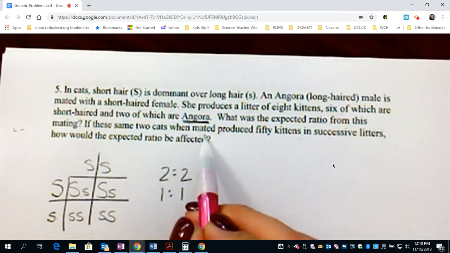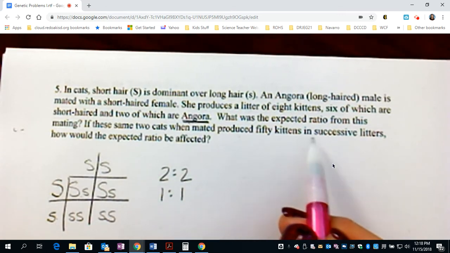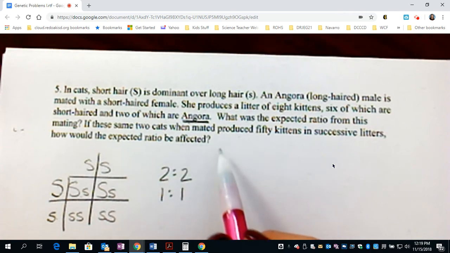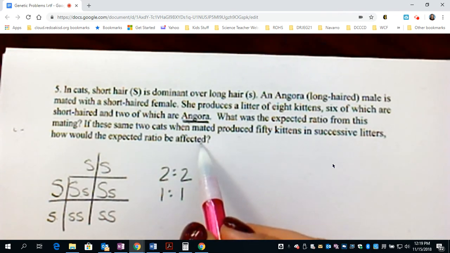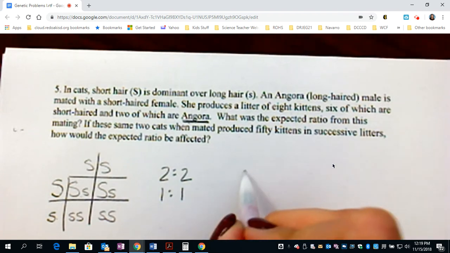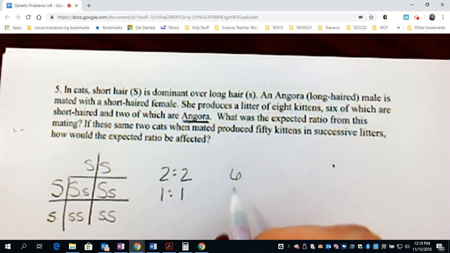If these same 2 cats, when mated, produced 50 kittens in successive litters, how would the expected ratio be affected? Well, just based on the fact that they had 8 kittens and 6 were short-haired and 2 were long-haired, that doesn't match this distribution.